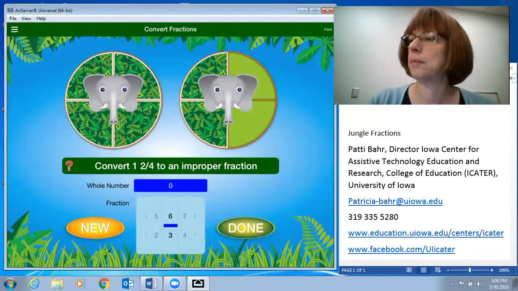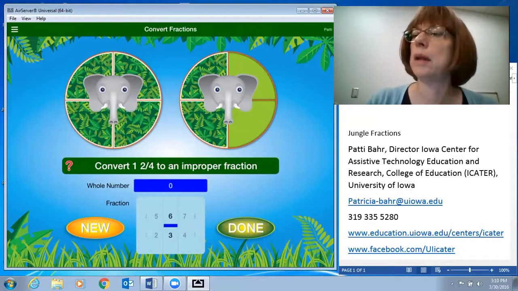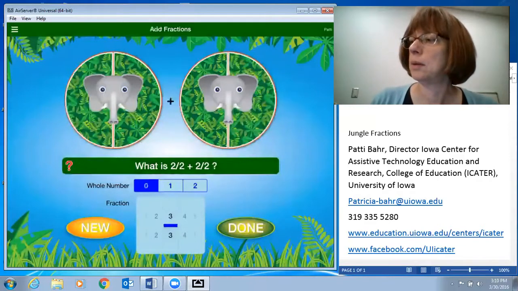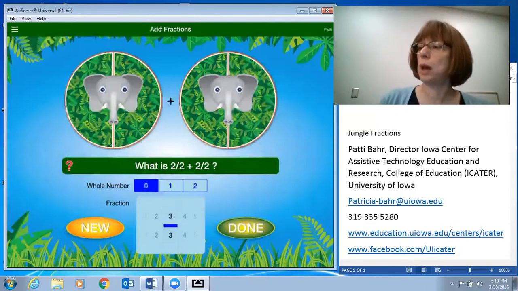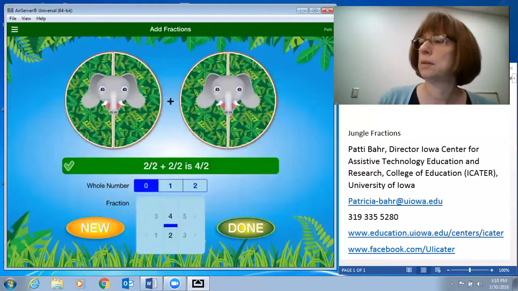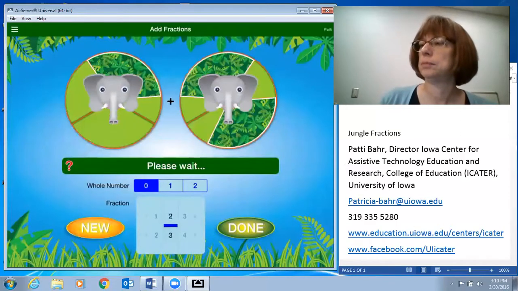Convert 1 and 2/4 to an improper fraction. So here's adding fractions. So 2 plus 2. 2 halves plus 2 halves is 4 halves.